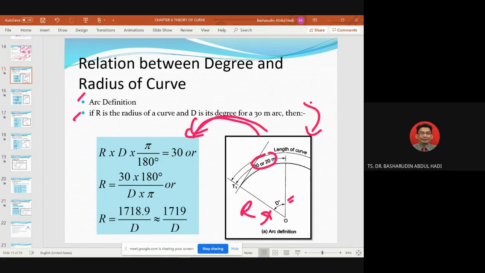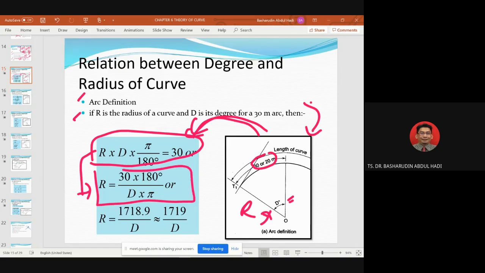So when we manipulate this formula, you can get this formula. We arrange it: R is equal to 30 times 180 divided by D times pi, or if you want to calculate R, 1718.9 divided by D, equal to 1719 over D. So we make it a shortcut, right?